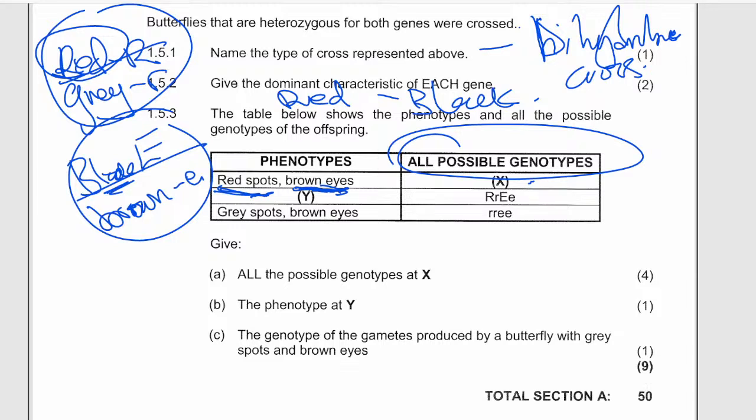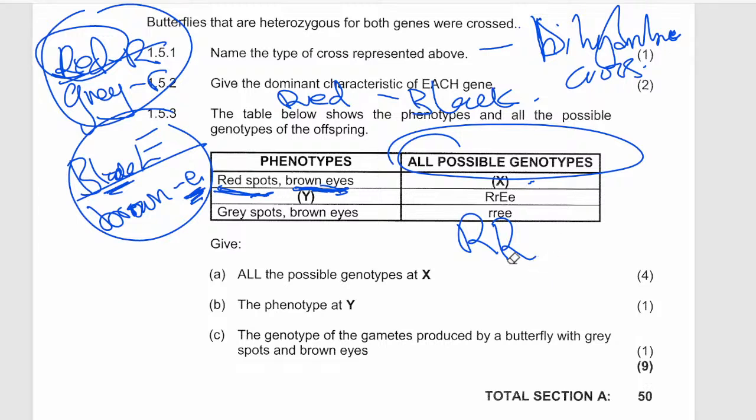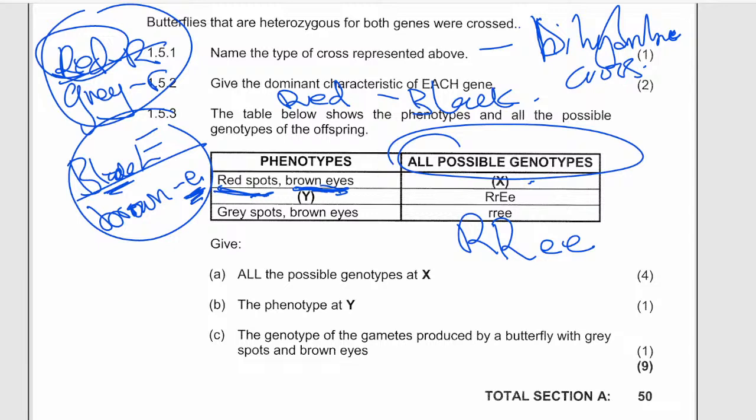So if you have red, you can be capital R, capital R, or capital R, small r. Brown is recessive, so it can be small e, small e. These are the two alternatives you were supposed to talk about.